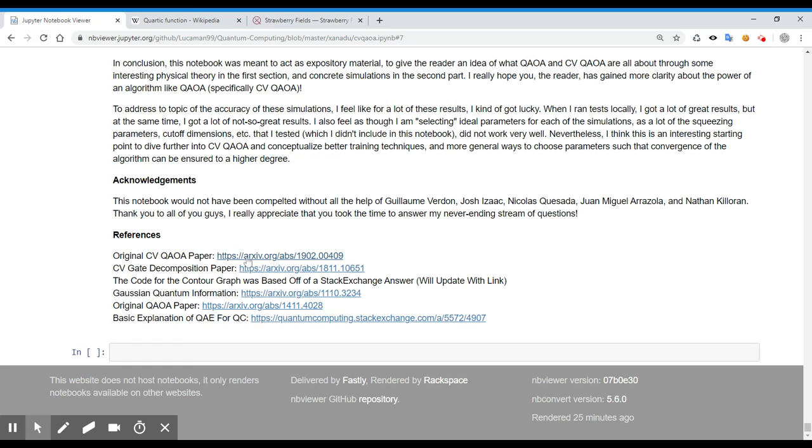Okay, so here's the original paper. That's the CVK decomposition one. How does it look? The code of the contour graph was based off a Stack Exchange answer. We'll update with Lane Gaussian. That's cheating.